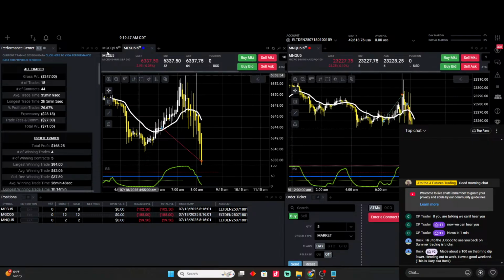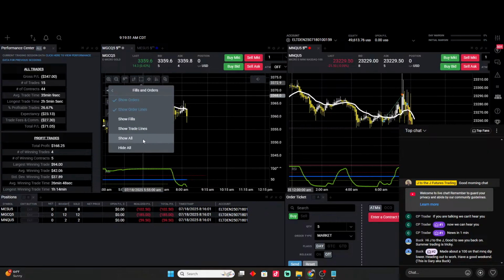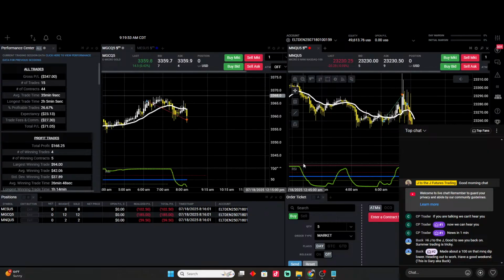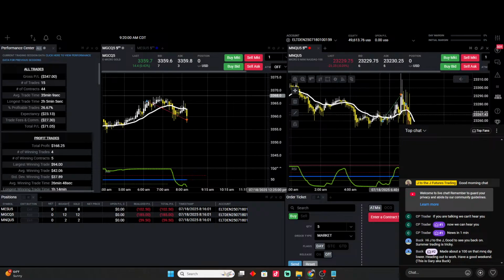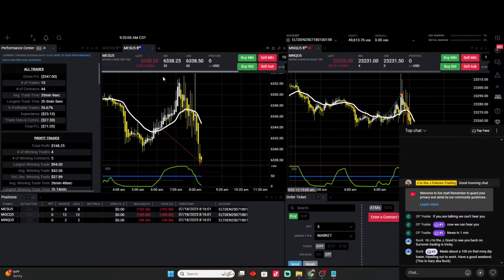There we go. Same thing here. I like to see all the fills and orders. Had one winning trade this morning. That one on that spike this morning. ES I thought was going to follow suit. It didn't quite go so strong.